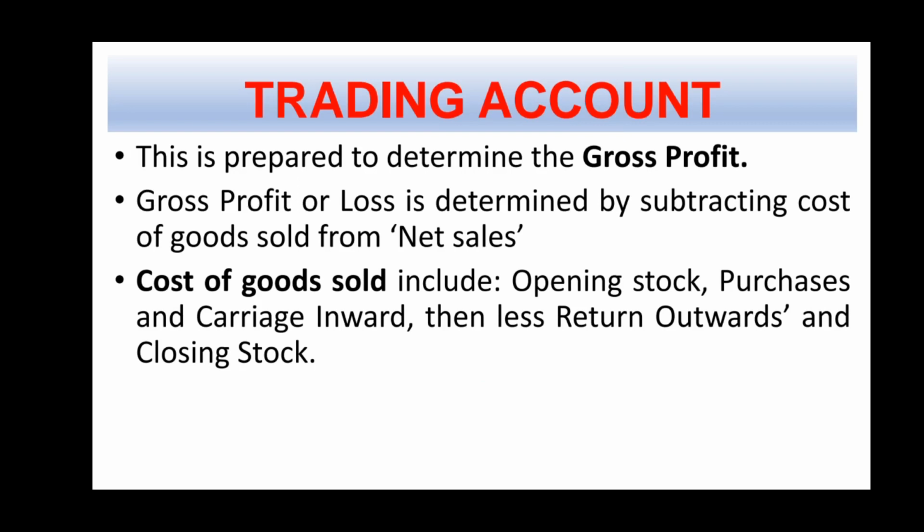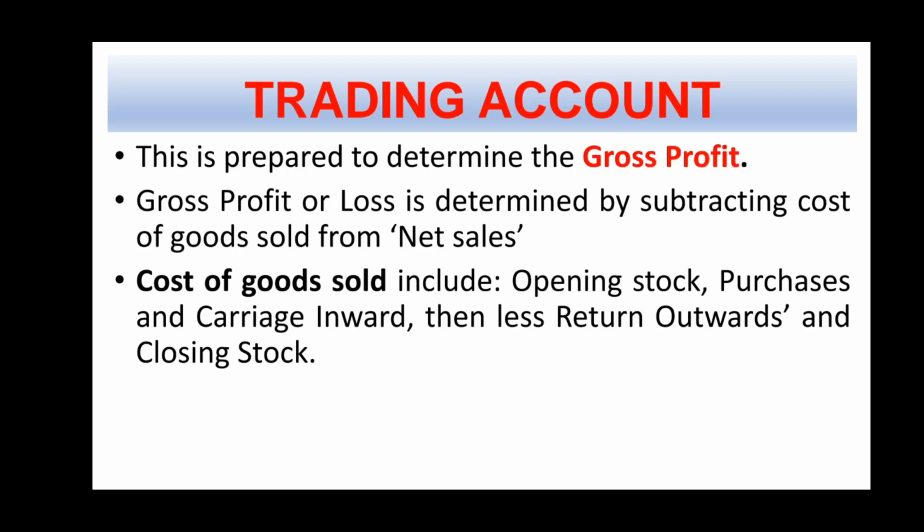So remember, like I said, when we are talking about trading account, I said it's prepared to determine what? Gross profit. And the gross profit of the business is determined by subtracting cost of goods sold from net sales, which means we need to ascertain the value of net sales, and we need to ascertain the value of cost of goods sold. So just like I explained earlier, net sales means sales less return inward.